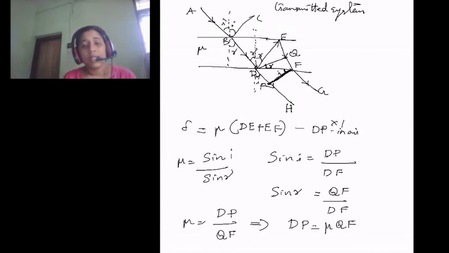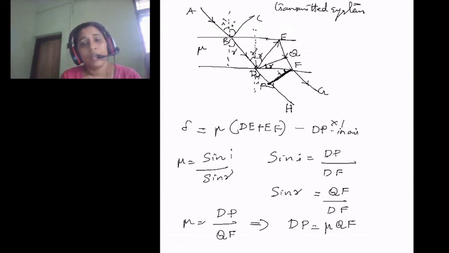So the net path difference delta is equal to mu into (DE plus EF) minus DP in air. This is similar to what we did in the reflected system also. So here we have to calculate the values of DE, EF and DP.